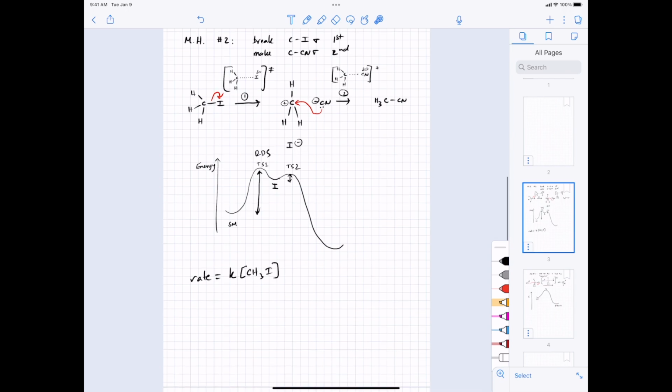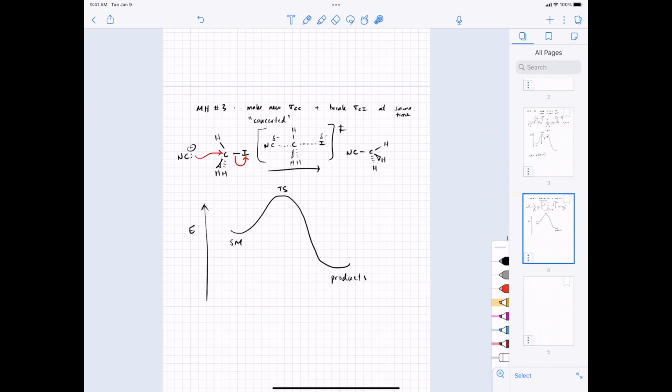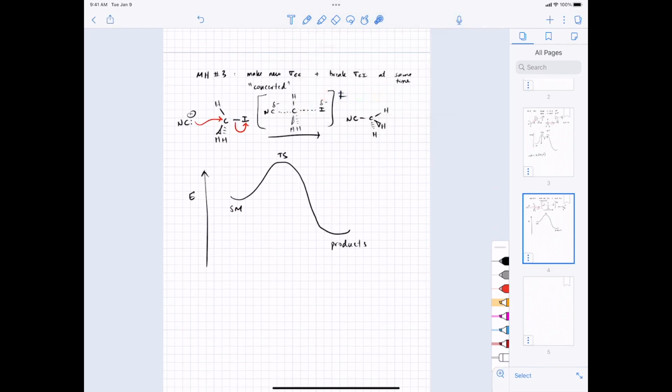In contrast, if we were to go down here where 2 things are involved in the rate determining step, we would predict that the rate would depend on both the concentration of the nucleophile and the methyl iodide.